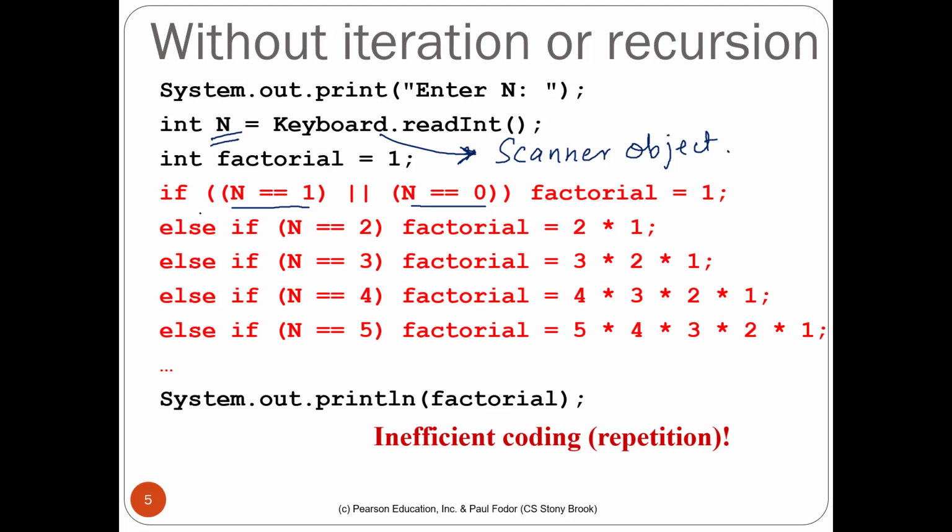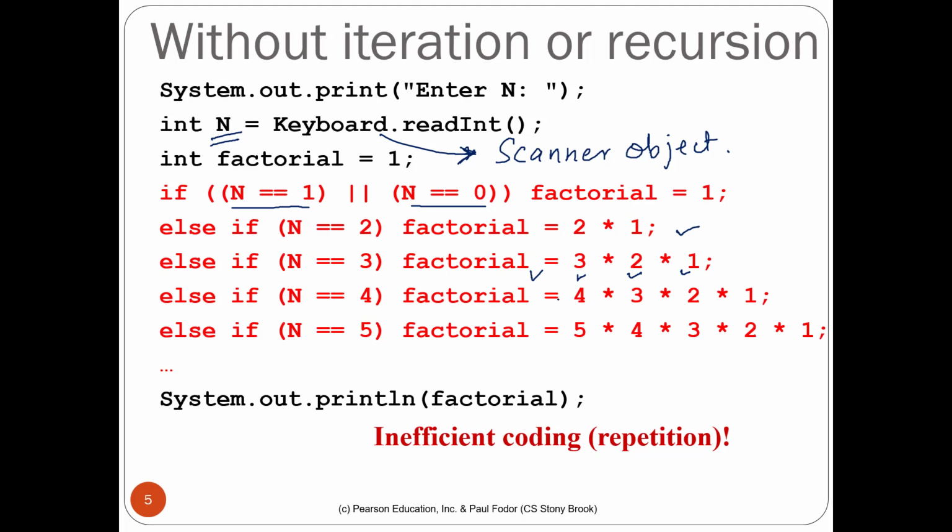Alright, if the input that the user is providing is not 1 but 2, then what do we do? If n is not 1 and not 0 but n is 2, then factorial is equal to 2 multiplied by 1. Fair enough, right? That's how we define factorial 2. If n is 3, not 1, 0 or 2, then you are taking care of that in the third else if statement, and here you compute factorial as 3 multiplied by 2 multiplied by 1.